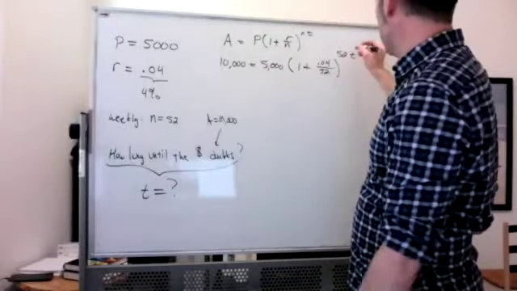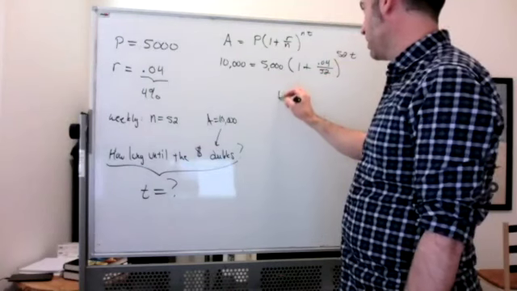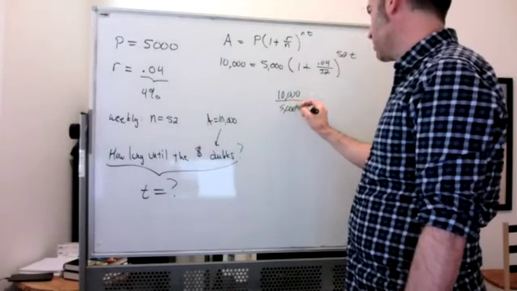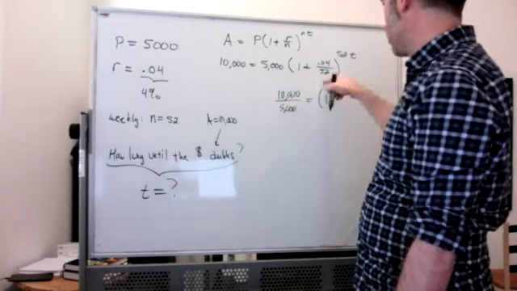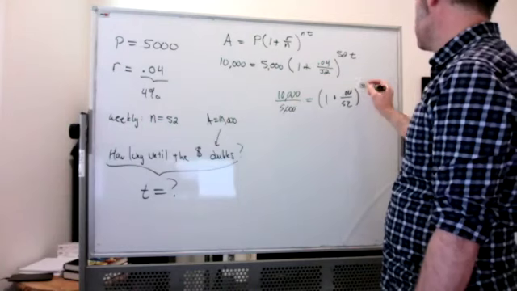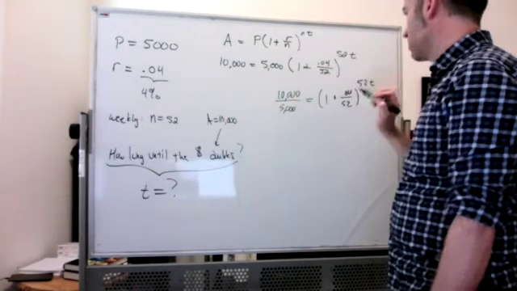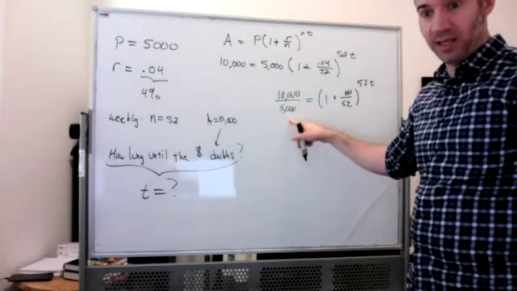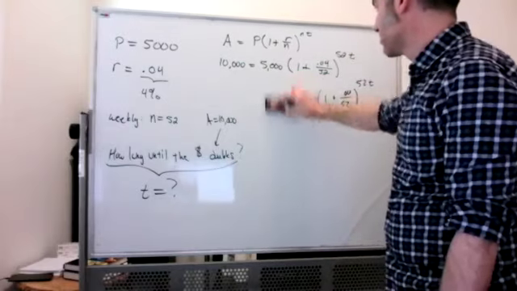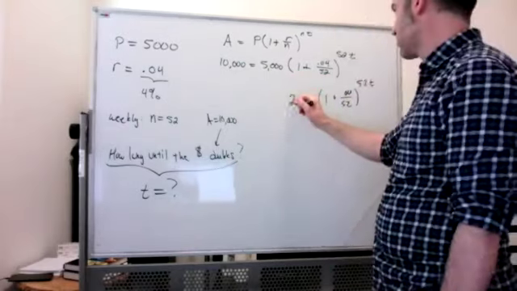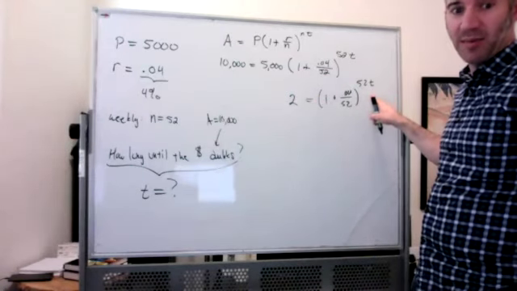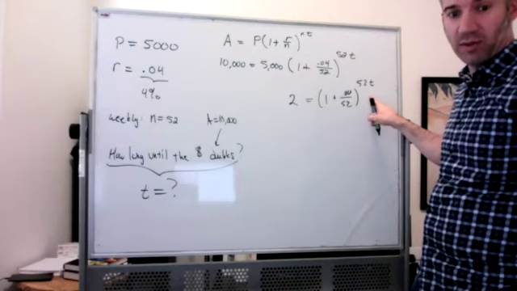So I'm trying to solve for t. So I've got 10,000 divided by 5,000 equals 1 plus 0.04 divided by 52 to the 52t. That's a 2, right? 10,000 divided by 5,000 is 2. Now, if I'm trying to solve for this t, which is in the exponent, I'm going to have to take a logarithm of both sides.